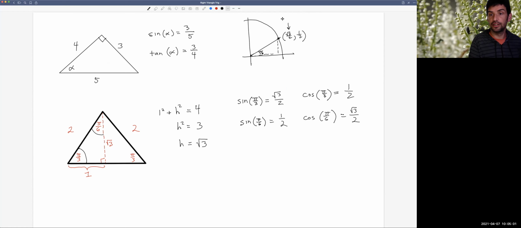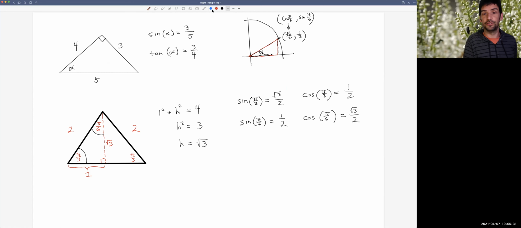There's our cosine of pi over 6 and our sine of pi over 6, right? And what you might realize is this little triangle, let's do it in another color, right here, is a scaled version of this half of the triangle with the pi over 6 angle placed at the origin, right? So we'd have to flip it around a little bit and put it in there, but that's the same triangle.